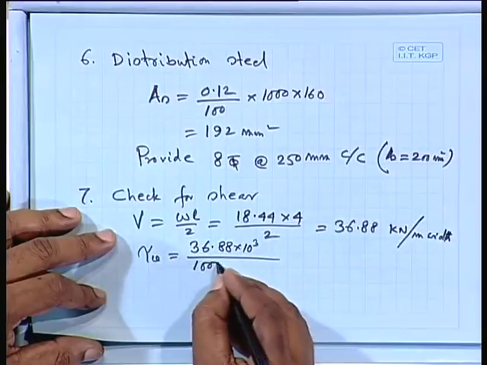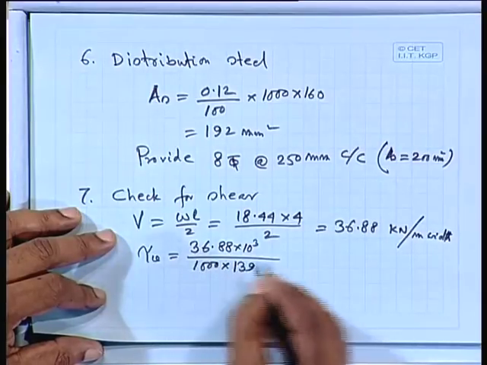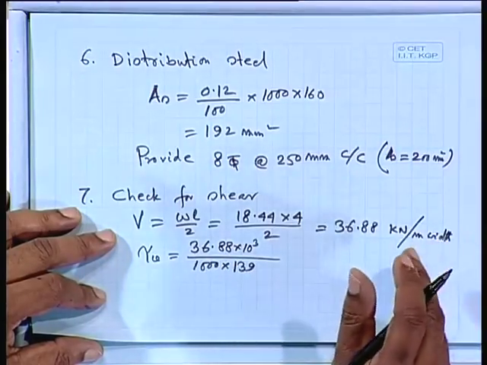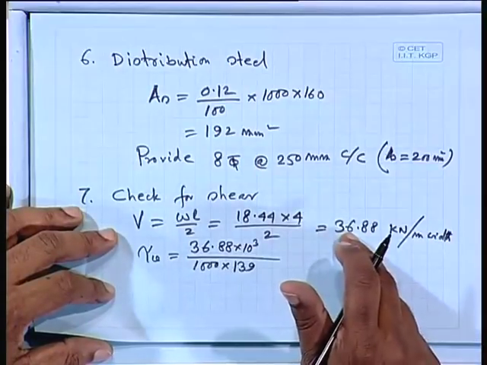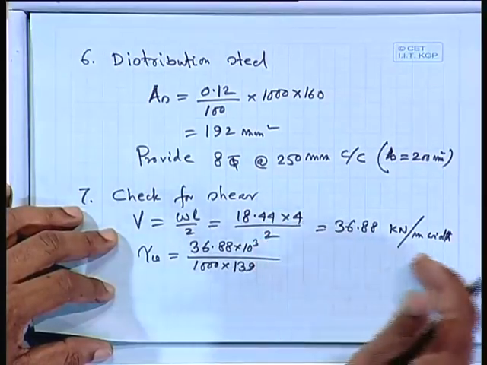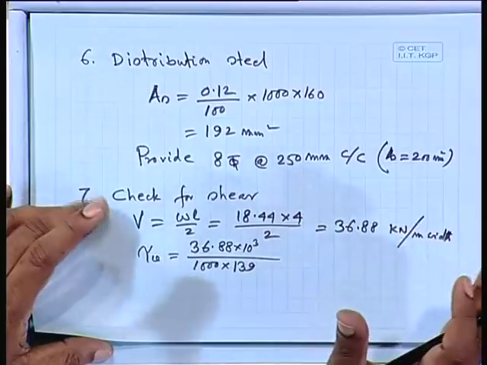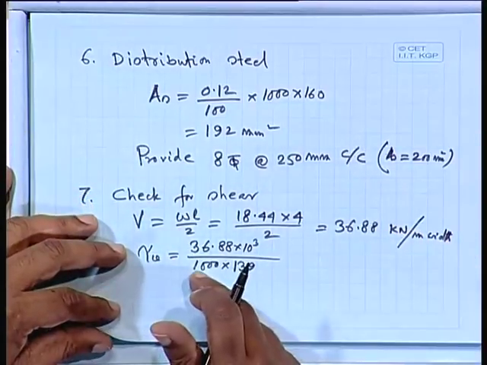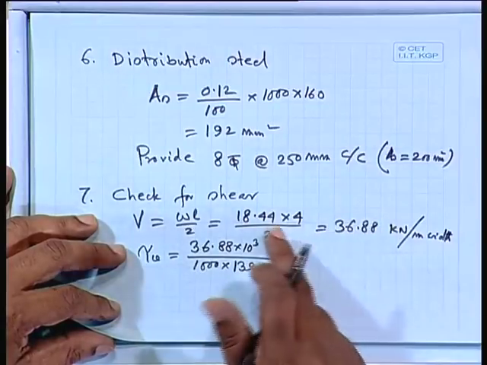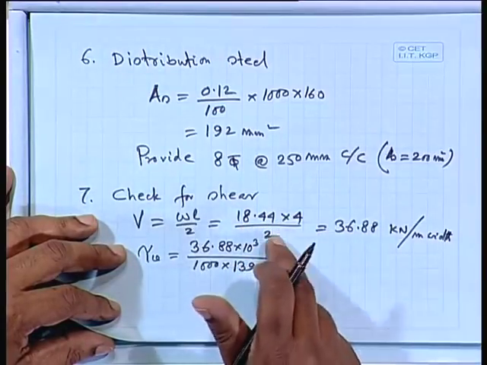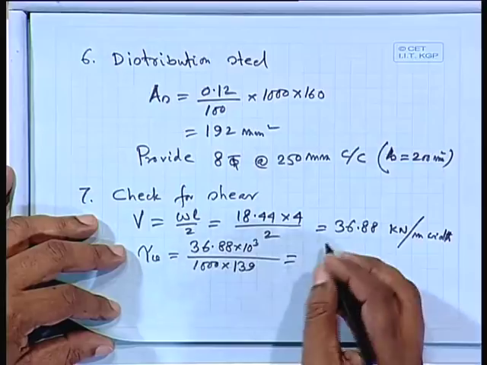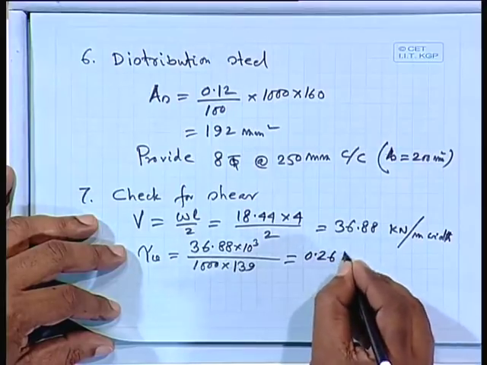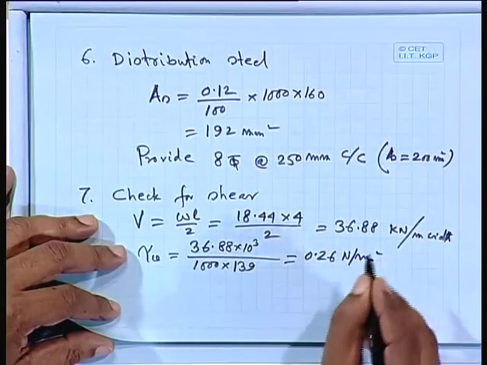So, 1000 times 100. Please note which one you are putting the values, if it is per meter width or taking the total width. If it is total width, then in that case you have to provide here 1500, but here this 18.44 is per meter width. So, which comes as 0.26 Newton per square millimeter.